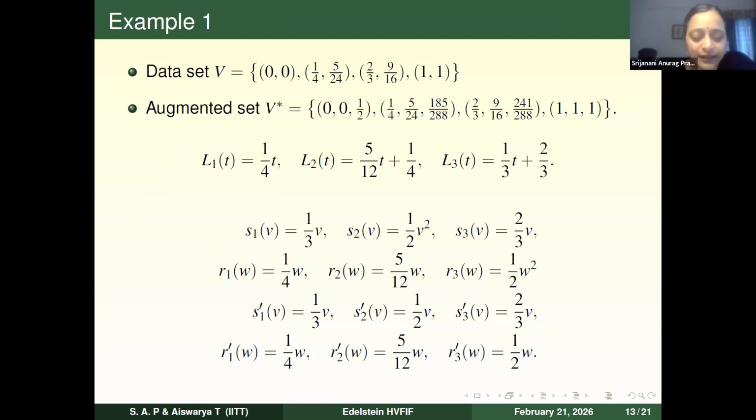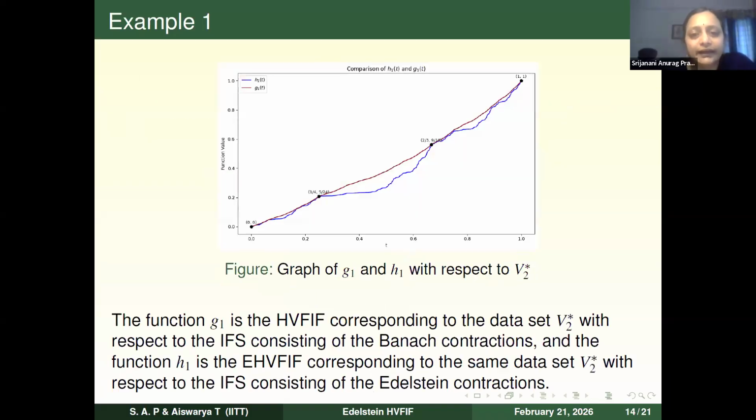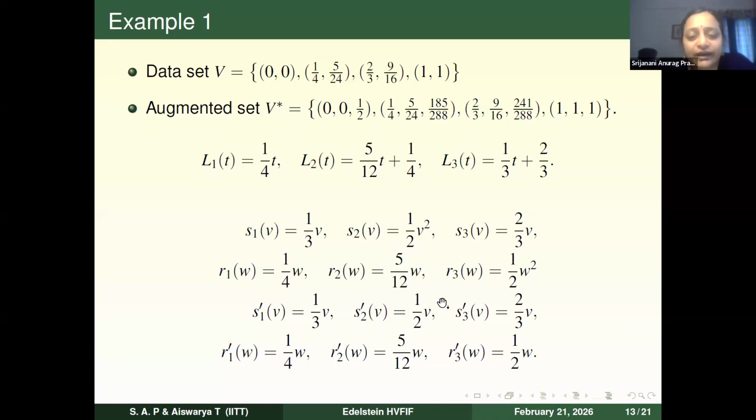With this, we have constructed the EHFIF, which is given here, that is my blue curve. This blue curve is the Edelstein hidden variable fractal interpolation function corresponding to the data set that we have given here.